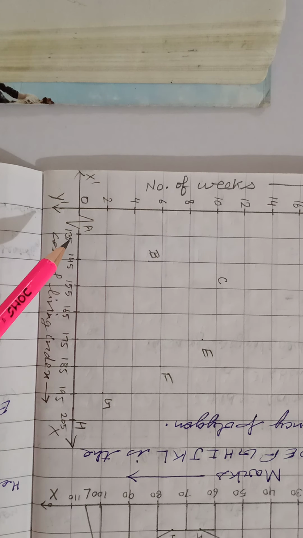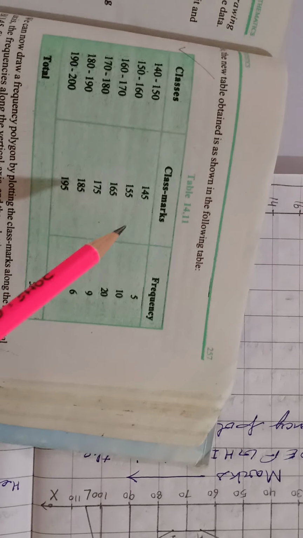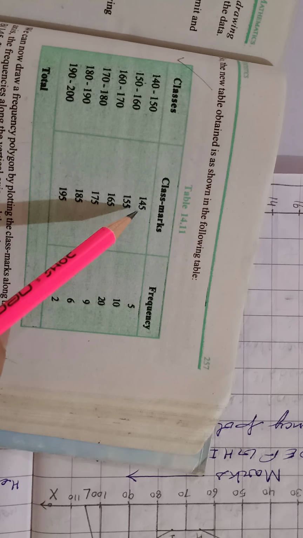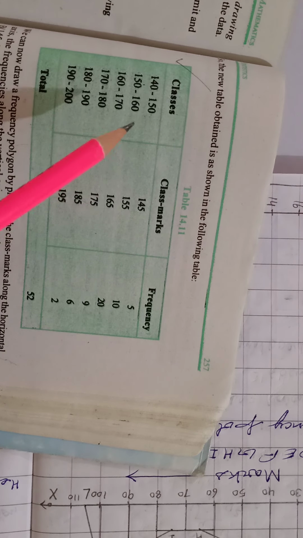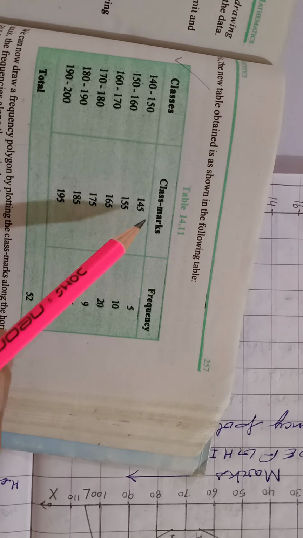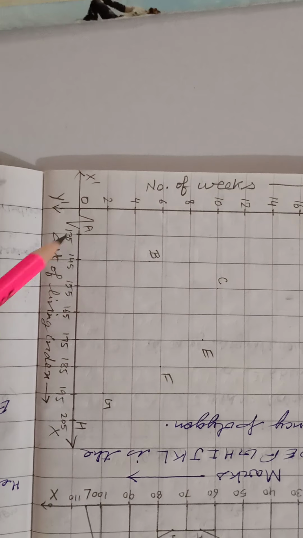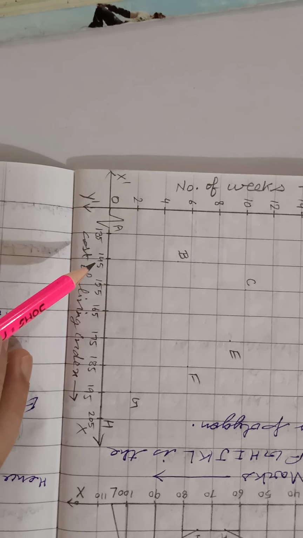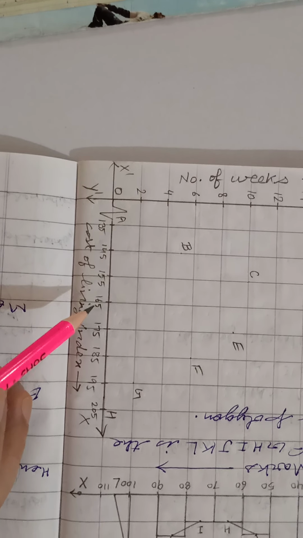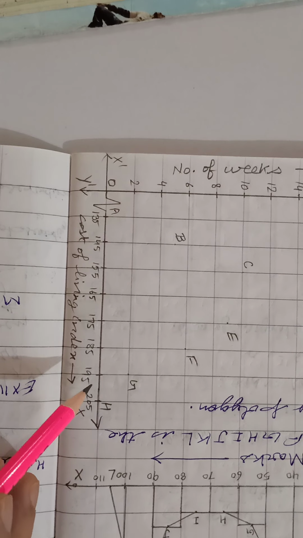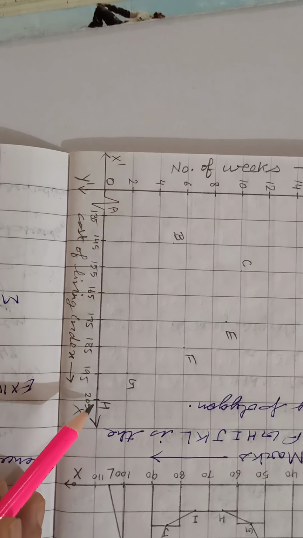And we start with class marks 135, 145, and preceding we need 135 and last 210. So we also mark 135, 145, 155, 165, 175, 185, 195, 205.